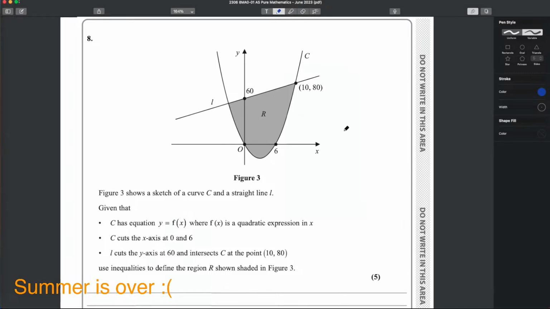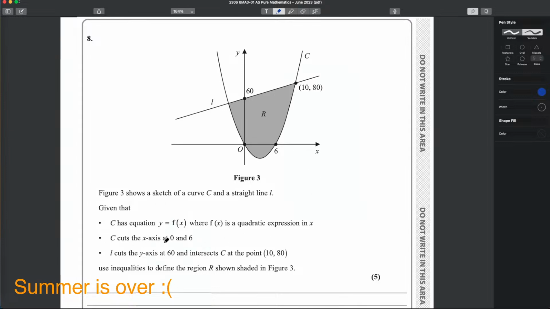Alrighty. Question 8. We're flying through this. Figure 3 shows a sketch of a curve C and a straight line L. Given that C is the equation f of x, so it's a quadratic.